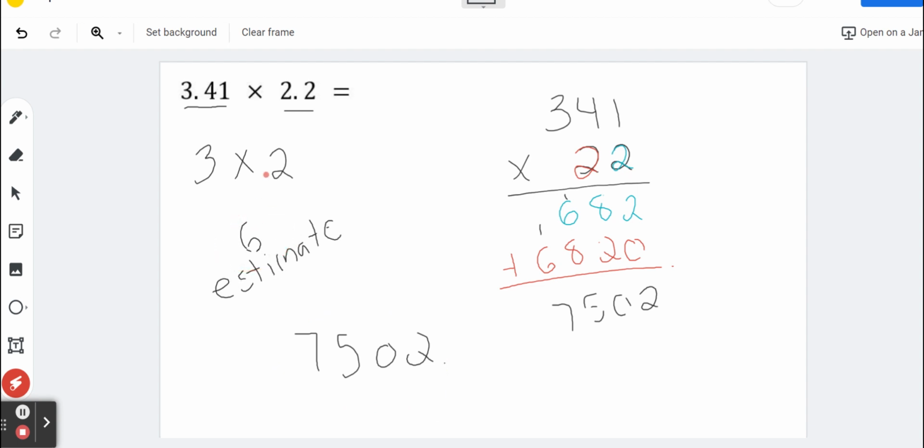So is it going to be 7.502? Is it going to be 75.02? Is it going to be 750.2 or 7,502? Well, the closest I can get to 6 is by putting the decimal here. 7.5. That's super close to 6, or at least the closest we can make it. So this is our answer.